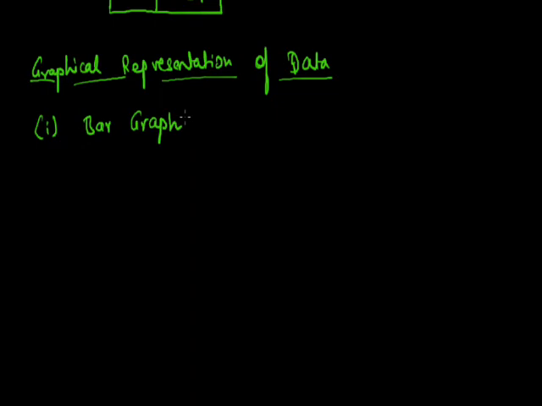A bar graph is a pictorial representation of numerical data by a number of bars. It means that with the help of bars, we represent numerical data in pictorial form, and these bars are of uniform width with equal spacing between them.